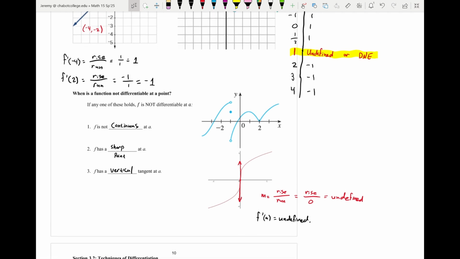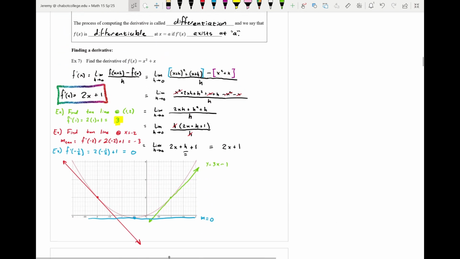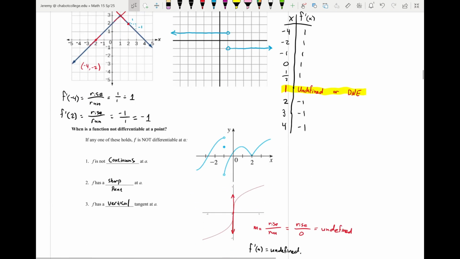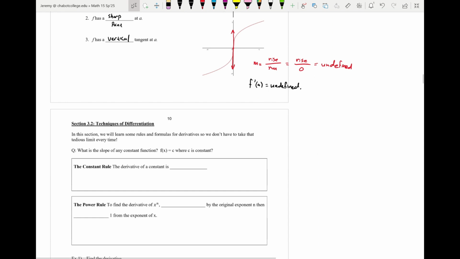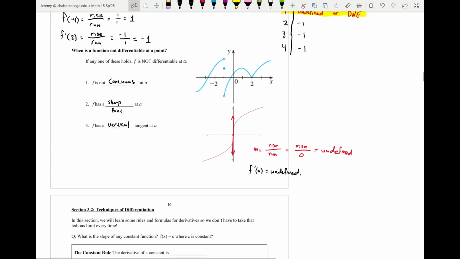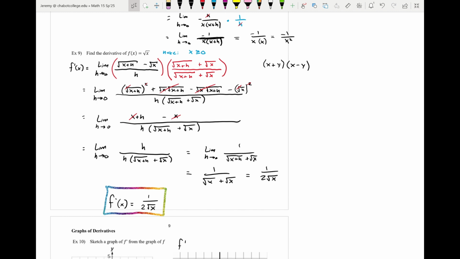And that brings us to the end of 3.1, which is a big, heavy section. It's a lot of work, but I have some really great news for everyone. It turns out that finding derivatives in many cases is much easier than what we were doing in these examples back here.